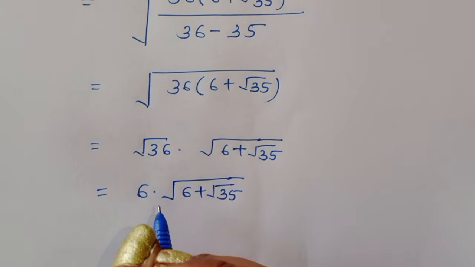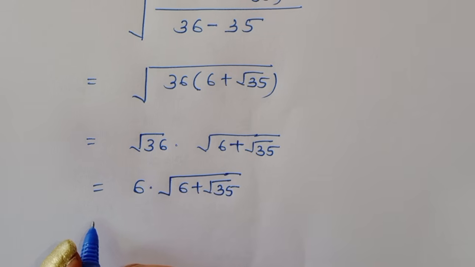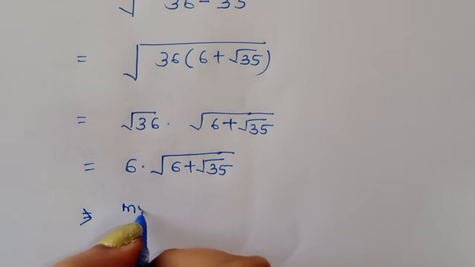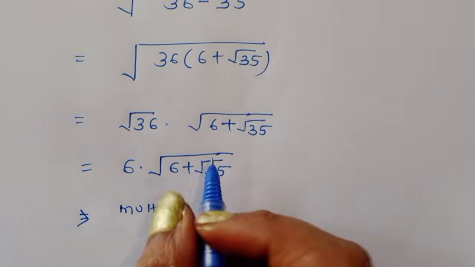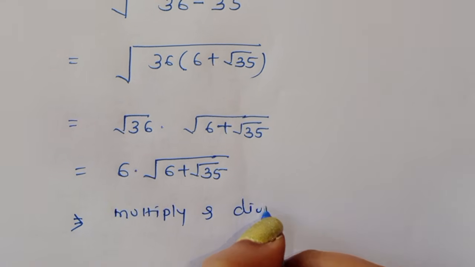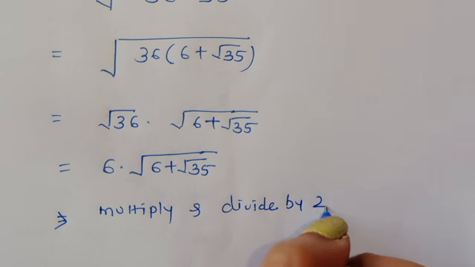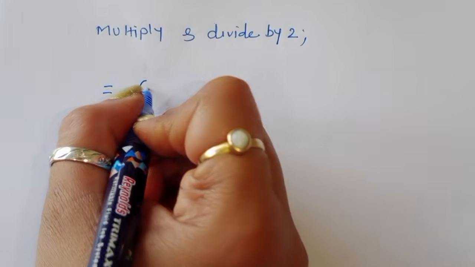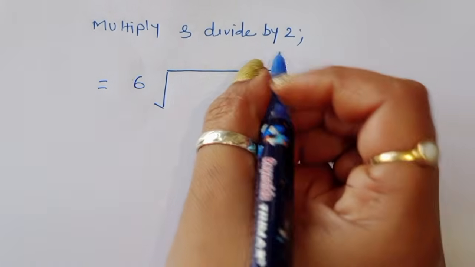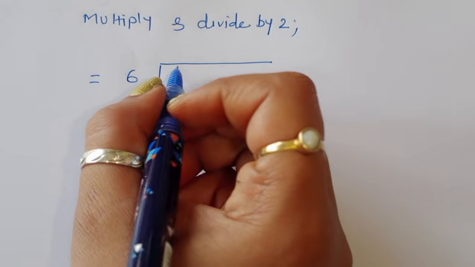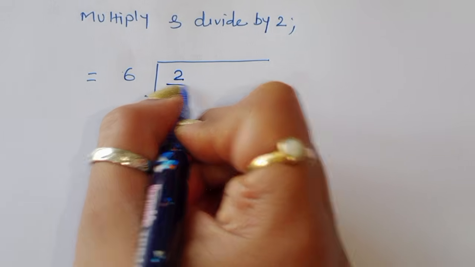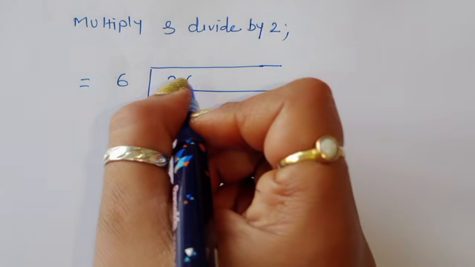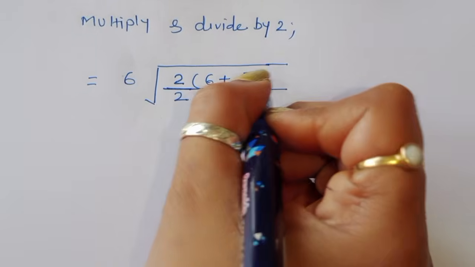Now multiply and divide by 2. So we get 6 times square root of, we multiply and divide by 2, 2 divided by 2 and here multiply, 6 plus square root of 35.